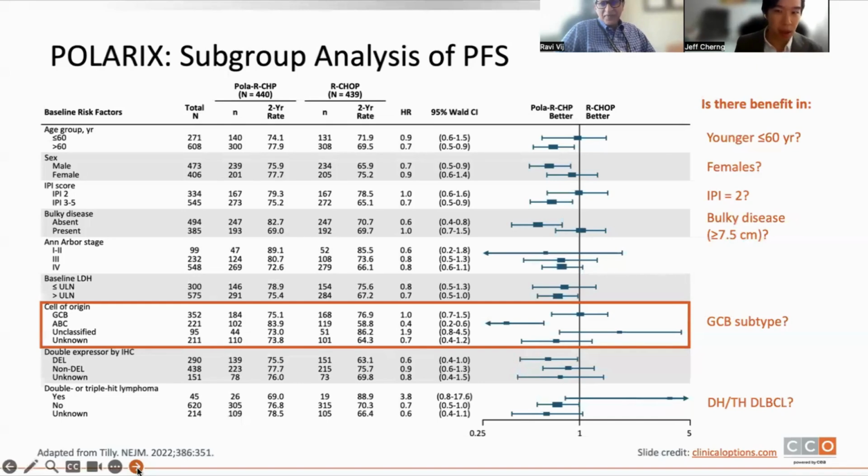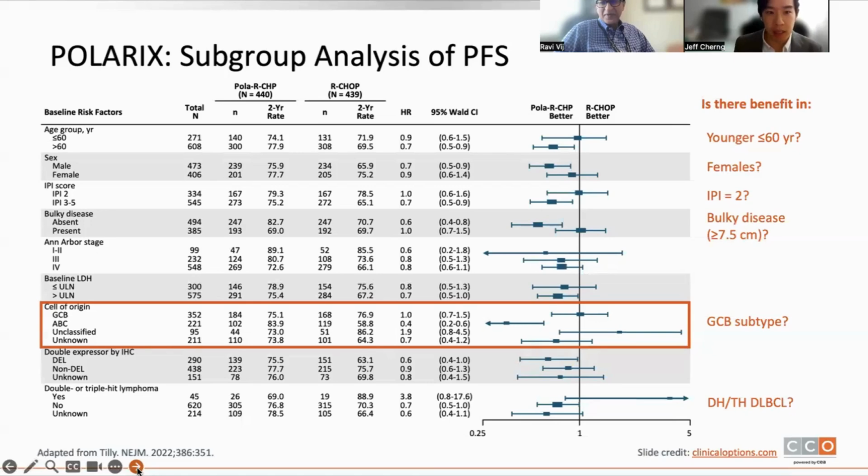But you ask 10 different lymphoma providers right now, and you may get different answers as to how exactly they are deciding between R-CHOP and R-Pola-CHP. It's a problem and a curse as we start to have more and more treatment options in the upfront setting. So what proportion are GCB and what proportion are non-GCB?